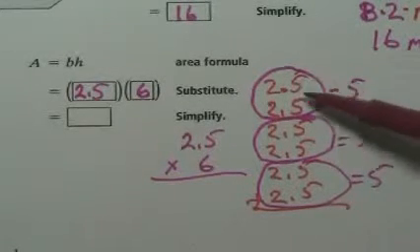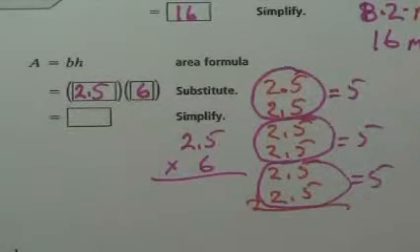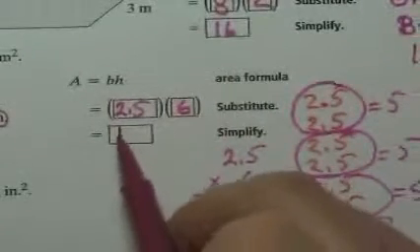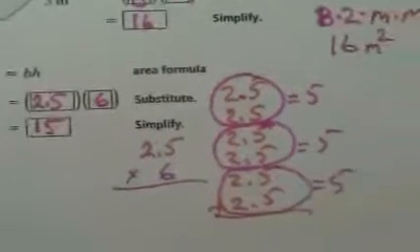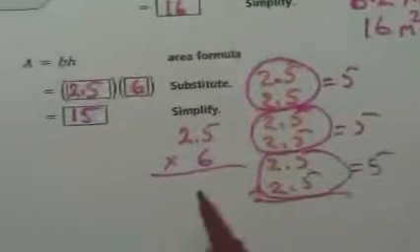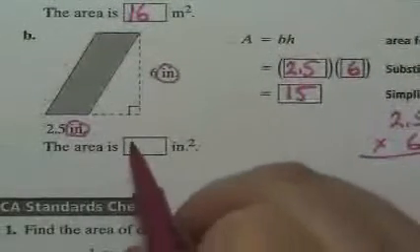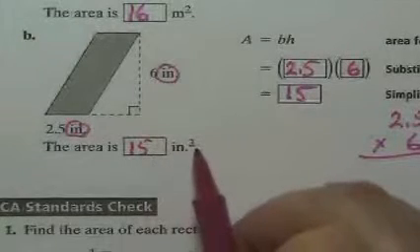How much is 6 times 2.5? It's 15. This is how you should be doing it mentally. If you can't do it that way, go ahead and multiply it out. And so my answer is 15 inches squared.